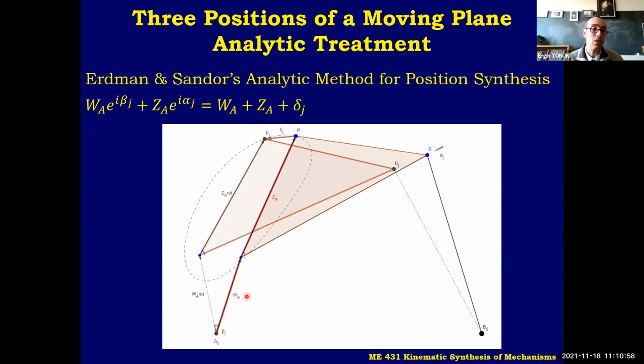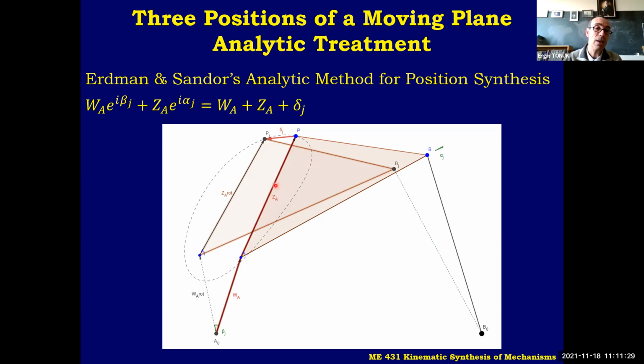So just consider these as complex numbers or 2D vectors. From the center point, which we call A0, to A, we have the WA vector, which is this. Plus, you move from this moving pivot to a point on the moving plane, which we call ZA.